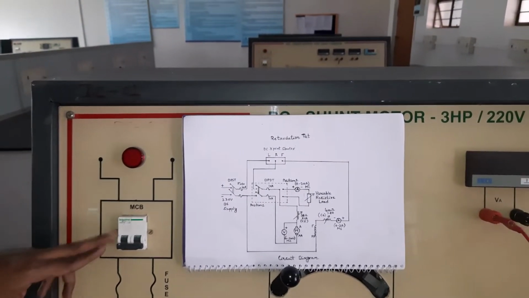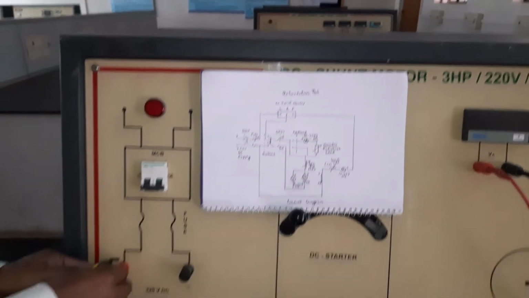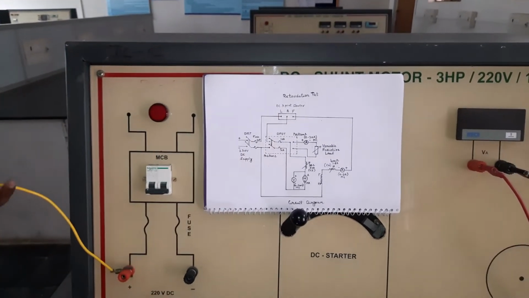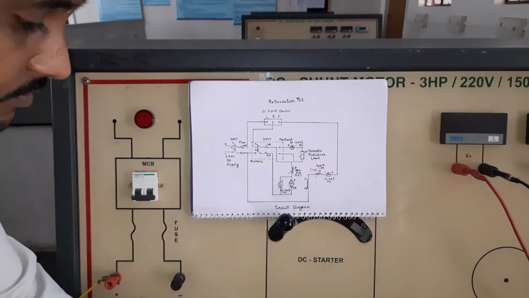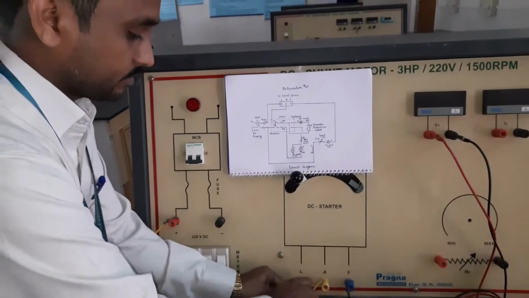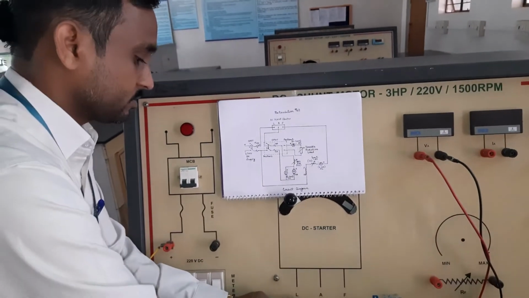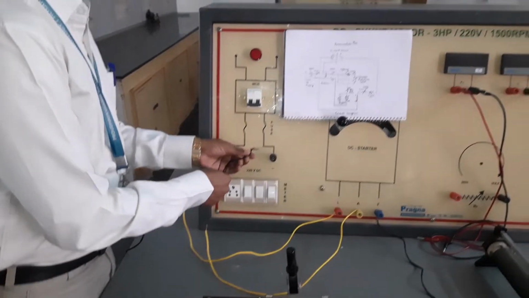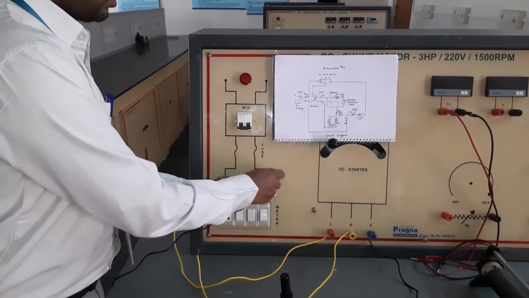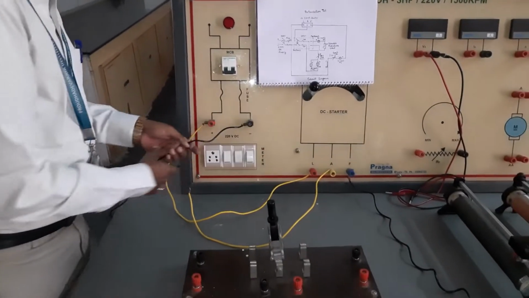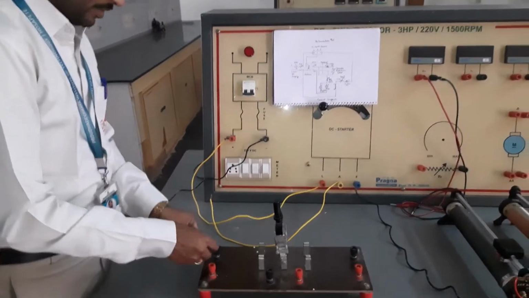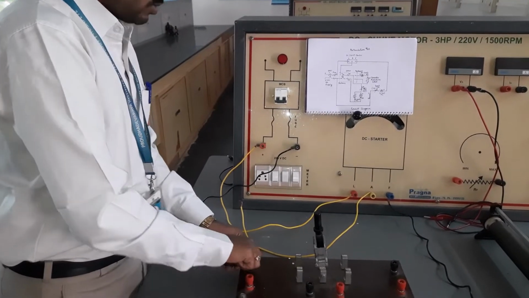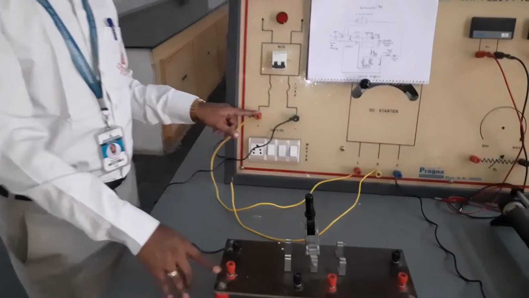From this, you connect the positive terminal to the L, that is called the line, and the negative terminal to the DP/DT switch negative terminal, and positive to be connected here.